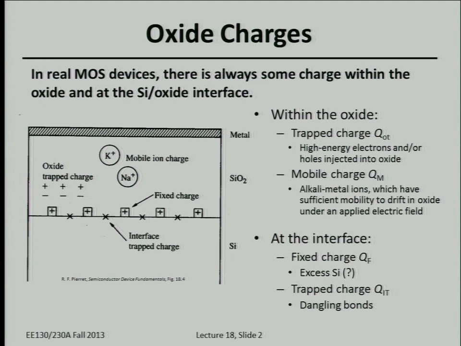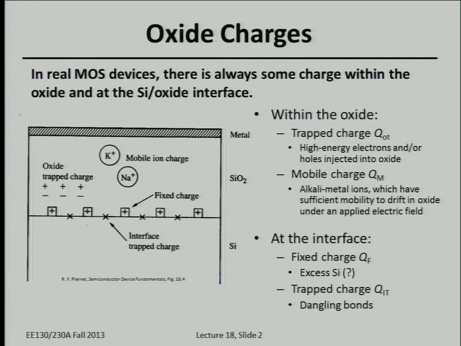And it turns out that if there are charges in the oxide, then they can greatly affect the threshold voltage. In an MOS device, usually you'd like to be able to bias it between accumulation and depletion and inversion. But if the threshold voltage and the flat band voltage are shifting all over the place, then you really can't get a reliably working device.